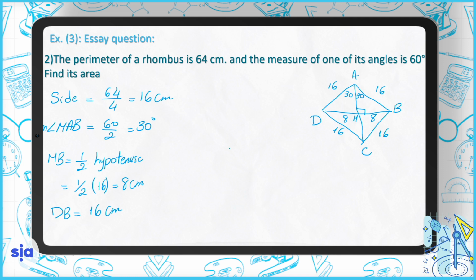To find the length of AM, AM is the square root of 16 squared minus 8 squared, as Pythagoras says. So it will be 8 square root of 3.